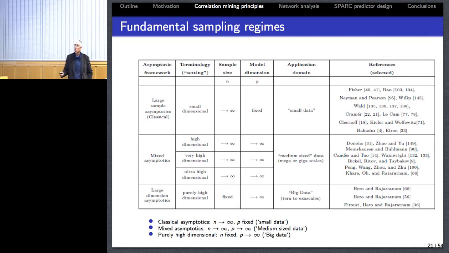And then there's this new regime which we are inventing and proposing, the real big data regime that people have to be concerned about, which we call the purely high-dimensional regime. It's where the number of samples is fixed and P, the biomarker dimension, gets arbitrarily large.